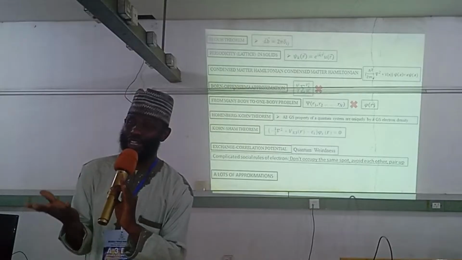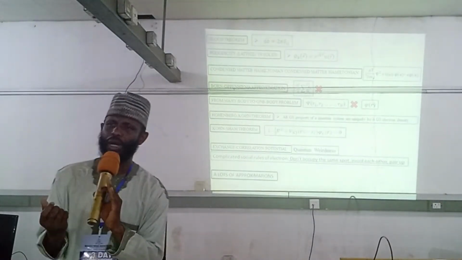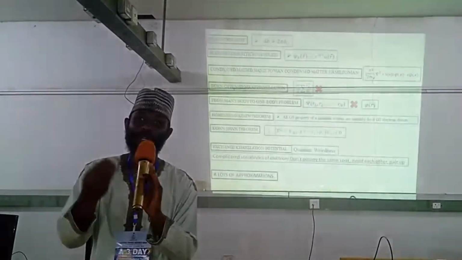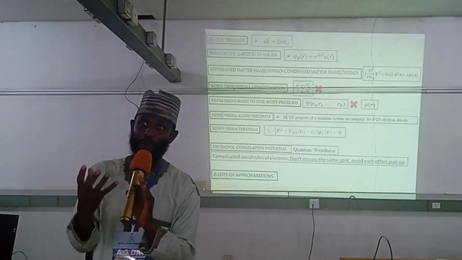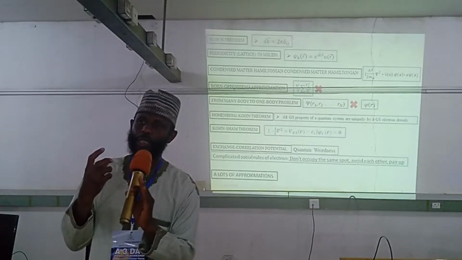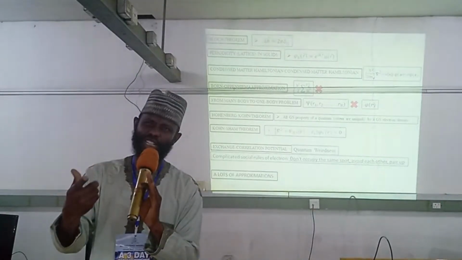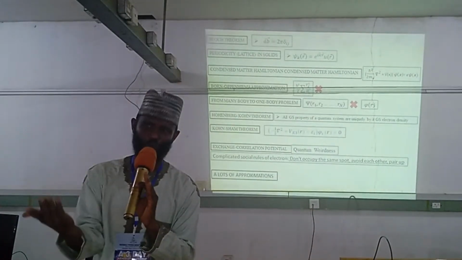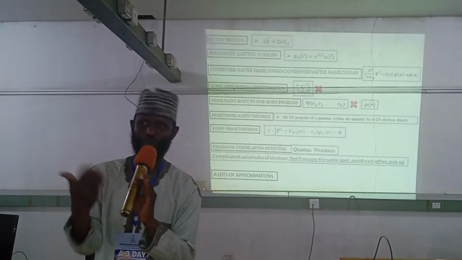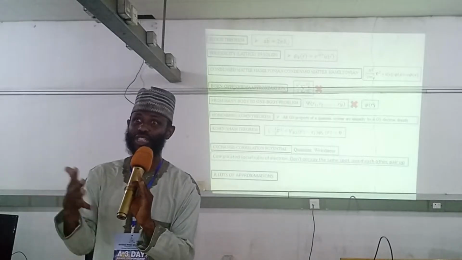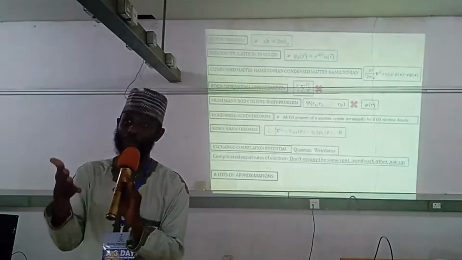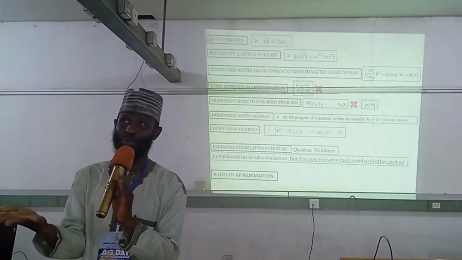Apart from harnessing the periodicity of the system, so we say that if you have a system, let's say hydrogen, just one proton, it has just one electron. Electron in three dimensions, we have the wave function, so you end up having a three-dimensional matrix, right?